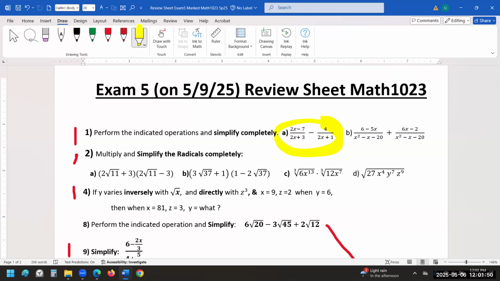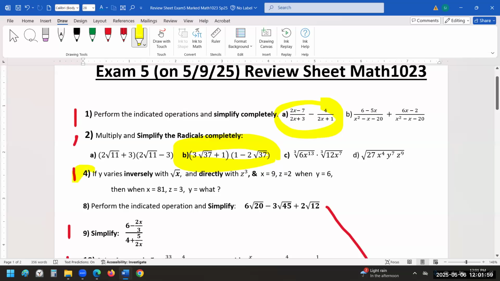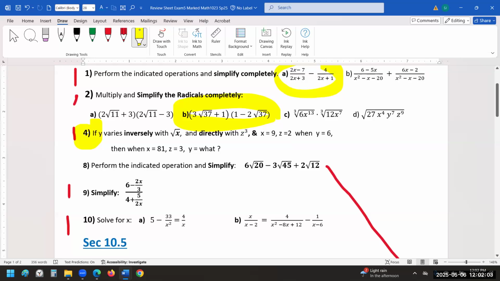From here, this type. Definitely this. Definitely this, and here this type.